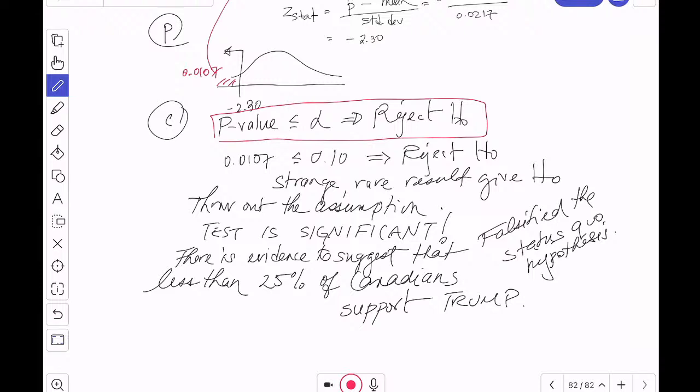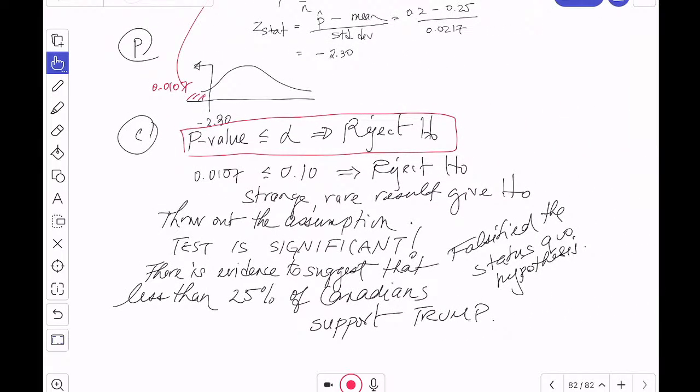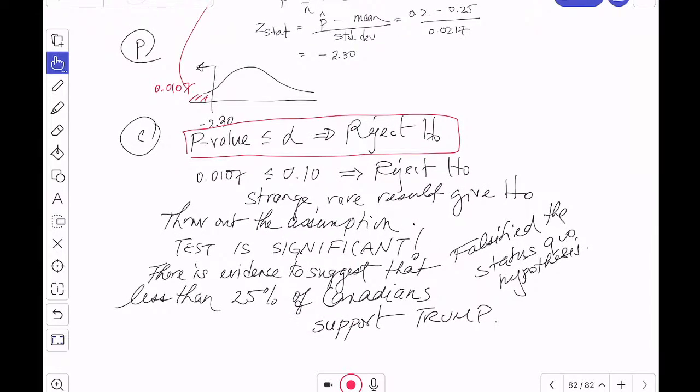Okay. Notice I didn't say anything about the statistic result. I'm going back to the hypothesis. I didn't say there's evidence to suggest that less than 20% of Canadians support Trump. I go back to reading. I repeat the alternative hypothesis. Okay, how's that?